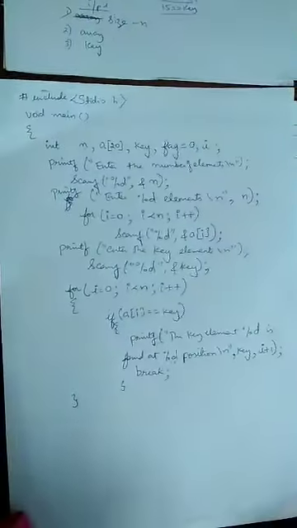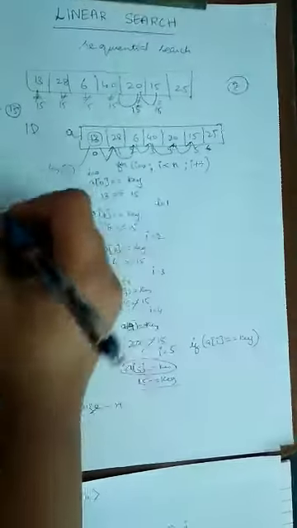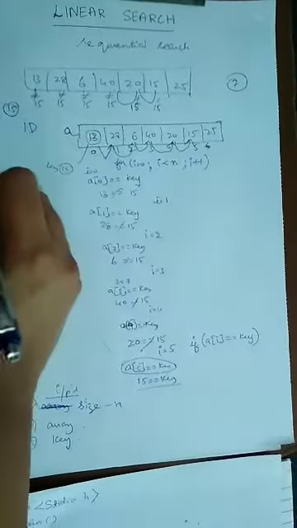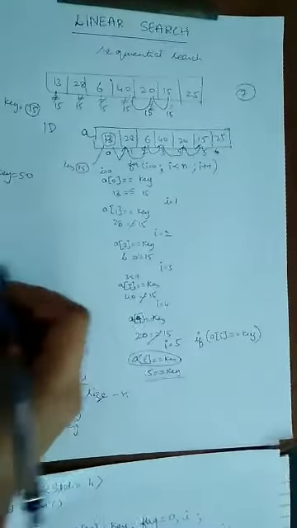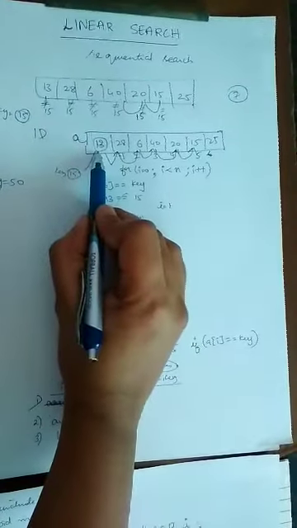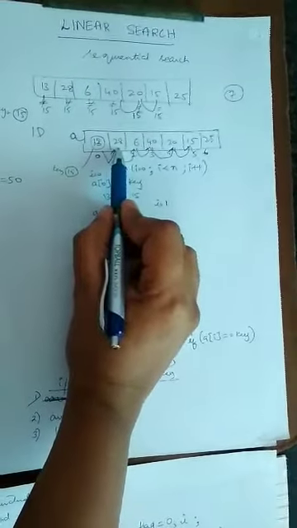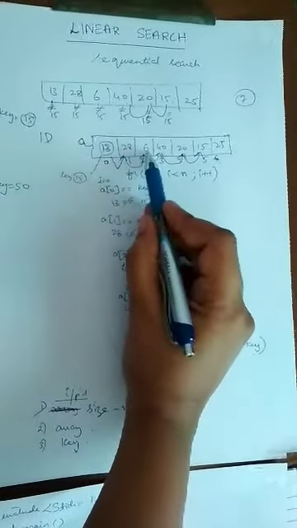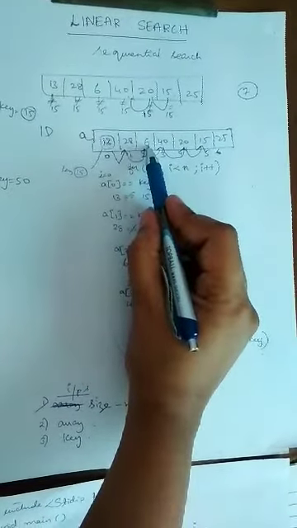Okay, so in case, think that my key element here is 50. This is the first case, where my key element is 15. Now in my second case, let me take my key element as 50. Now 50 will be compared to 13, it is not equal, and I will be incremented to the next position. 50 will be compared to 28, again it is not equal, and I will be incremented to the next position. 6 will be compared with 50, it is not equal.